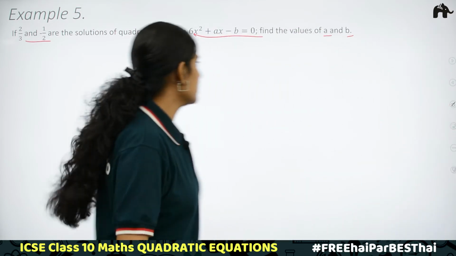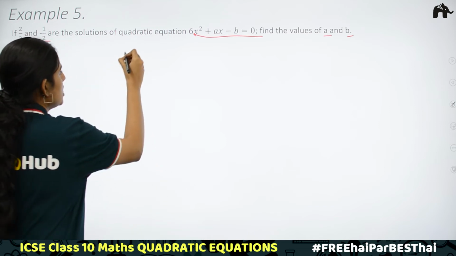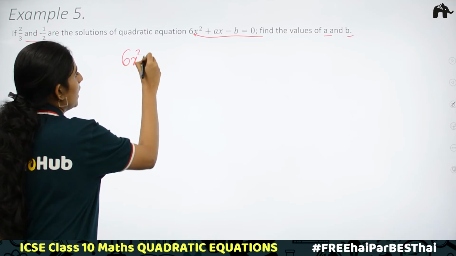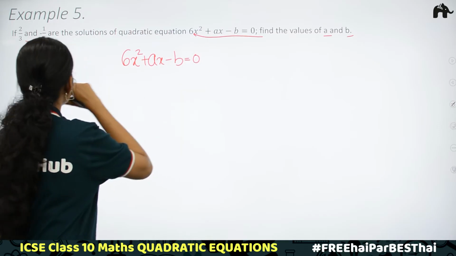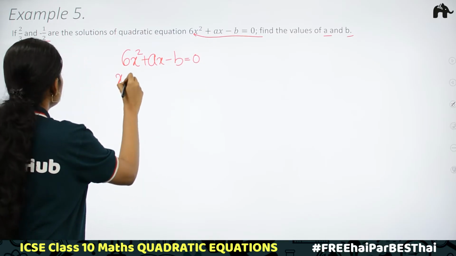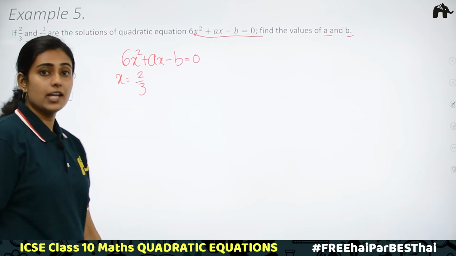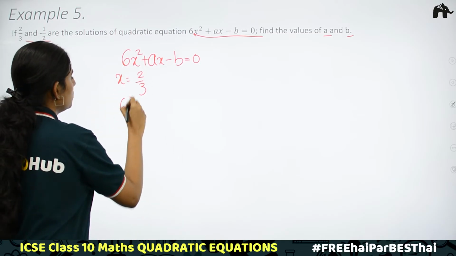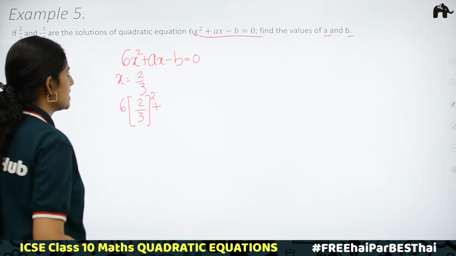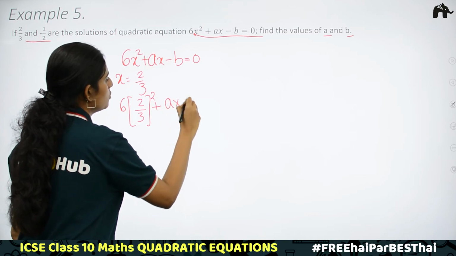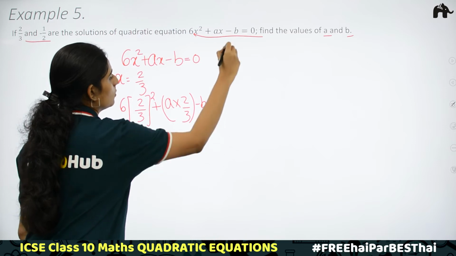Okay, first let's take the case when x is equal to 2 by 3. Equation is 6x square plus ax minus b is equal to 0. When x is equal to 2 by 3, substitute x is equal to 2 by 3. 6 into 2 by 3 whole square plus a into 2 by 3 minus b is equal to 0.